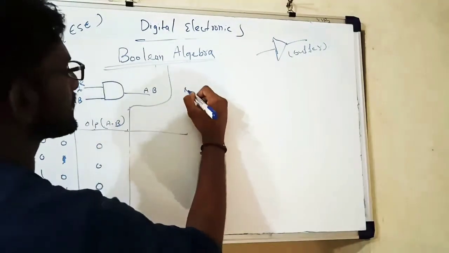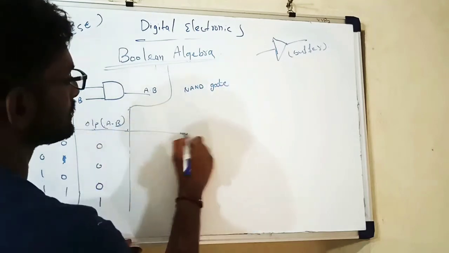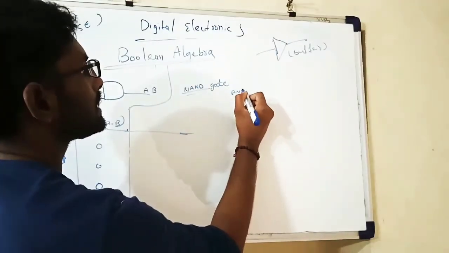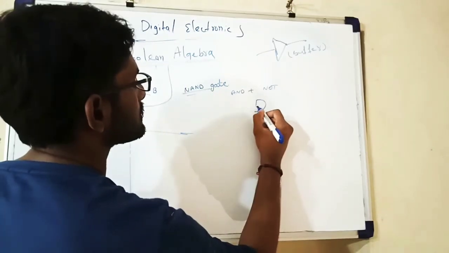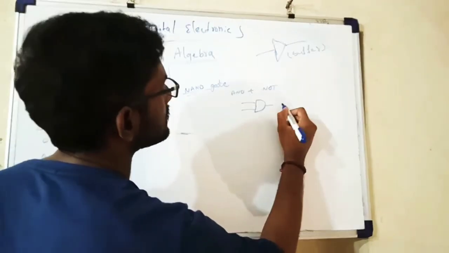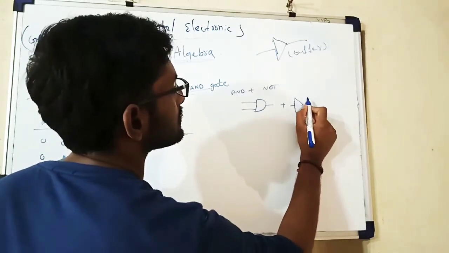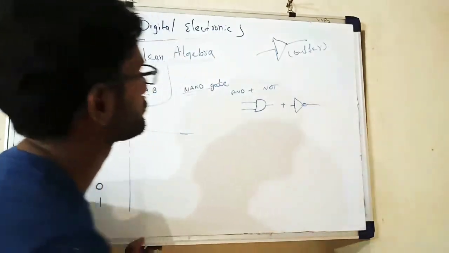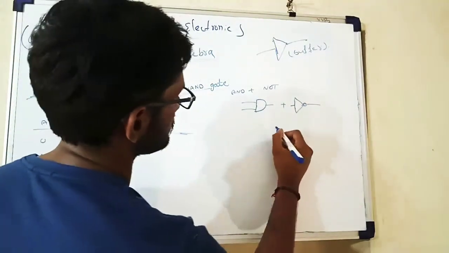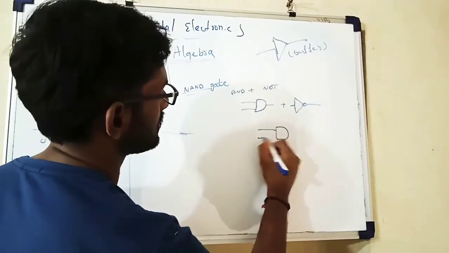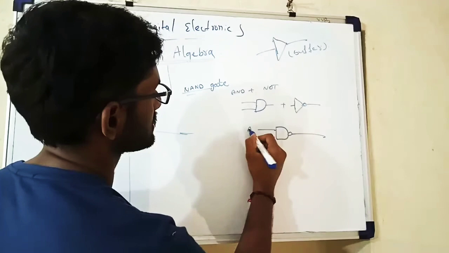Now we will see the NAND gate. The NAND gate is nothing but the AND gate plus the NOT gate. This is the AND gate plus this is the NOT gate. Just by giving the output of the AND gate to the input of the NOT gate, we get the NAND gate. Instead of writing these two diagrams, we'll just add a bubble here.